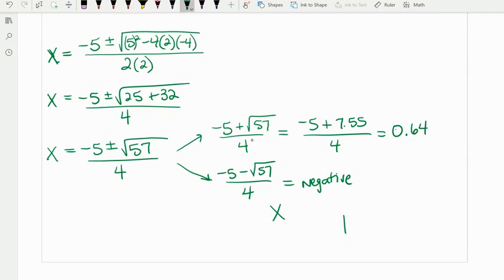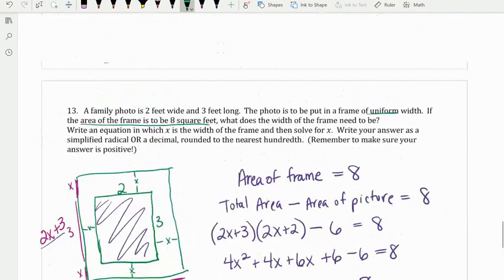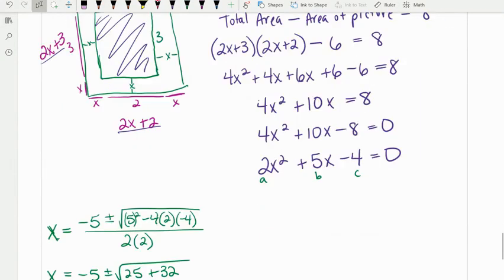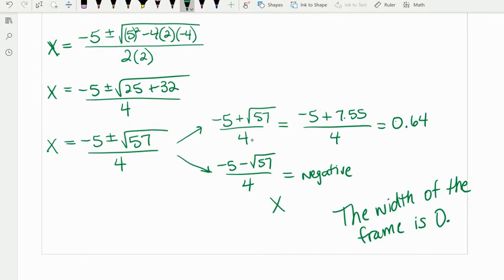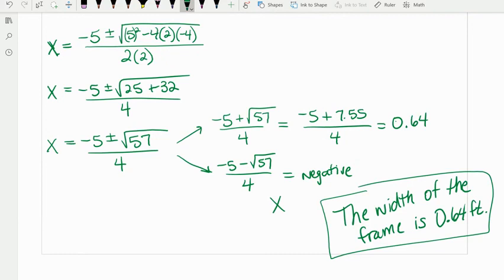So that means the width of the frame is, we did this in inches, right? Go back and check. Oh, no, it's feet. So it's 0.64 feet. You don't have to change that to inches or anything. That's fine just to leave it in feet.